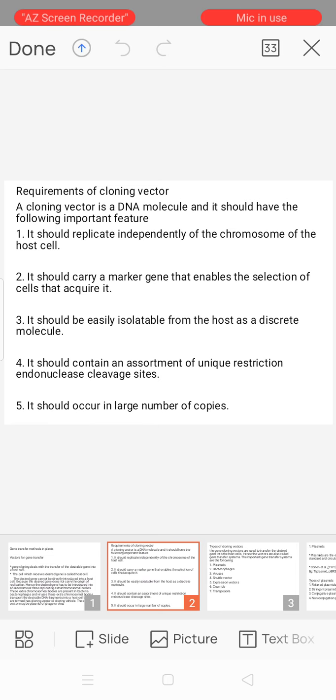Third, it should be easily isolatable from the host as a discrete molecule, and it should contain an assortment of unique restriction endonuclease cleavage sites, and it should occur in large number of copies.